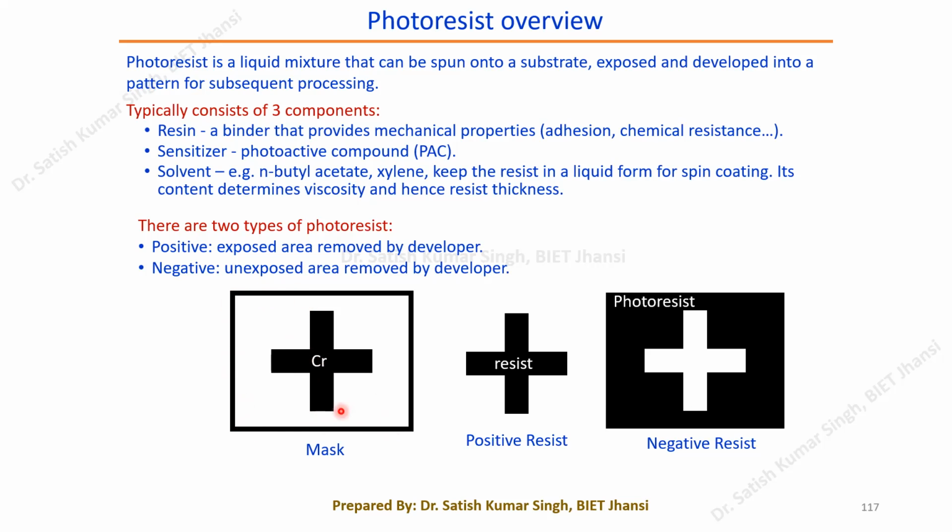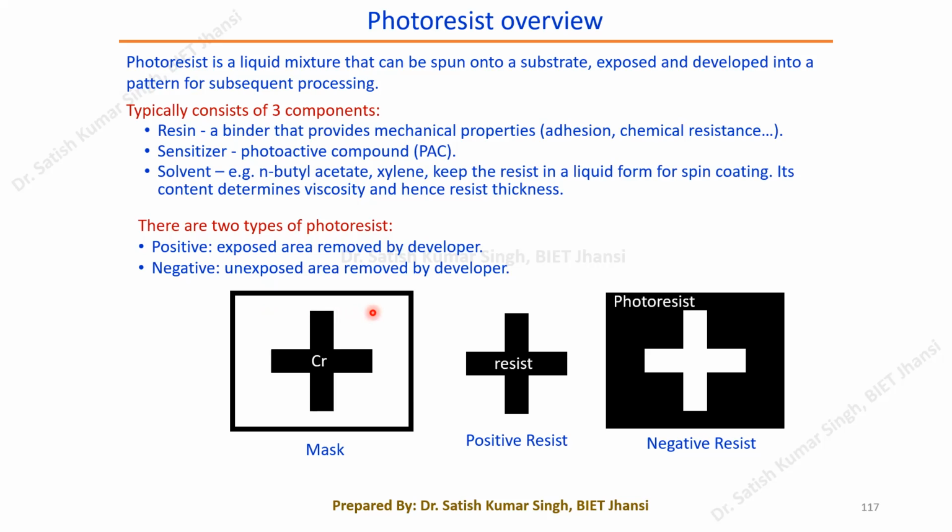So when this photomask is kept over the wafer surface, obviously the light will penetrate through the transparent regions. If the photoresist coated over the wafer is a positive photoresist, then the area exposed to the UV rays is going to be softened.